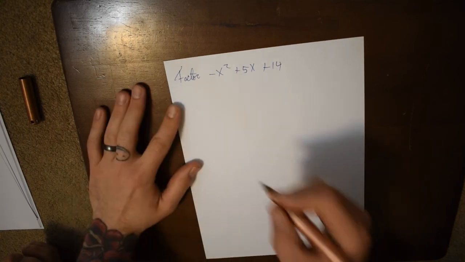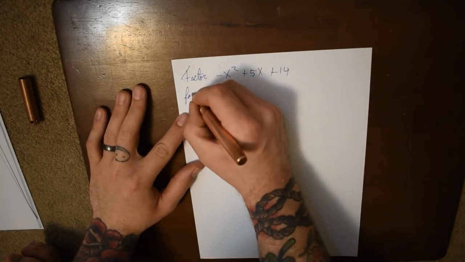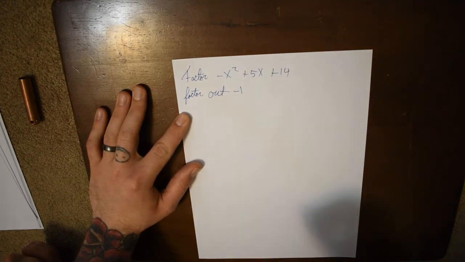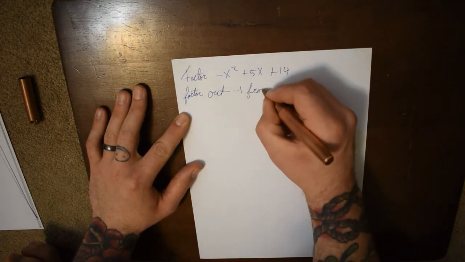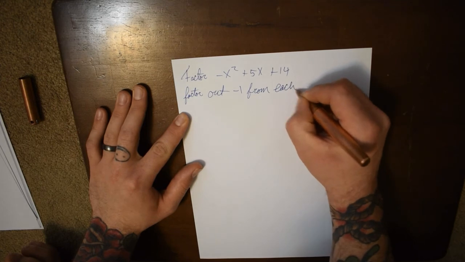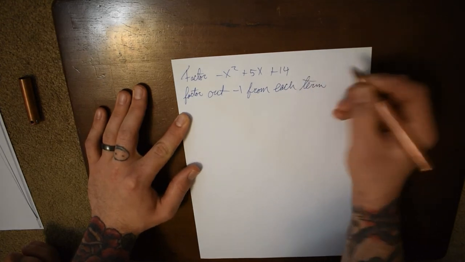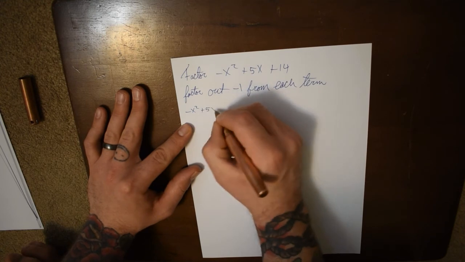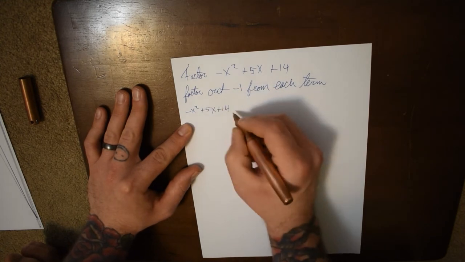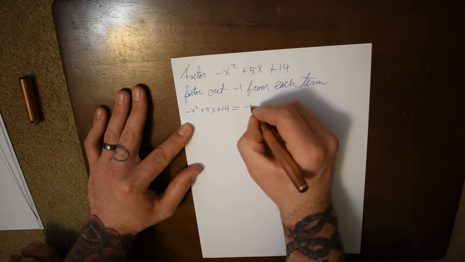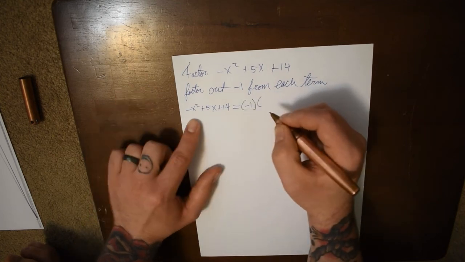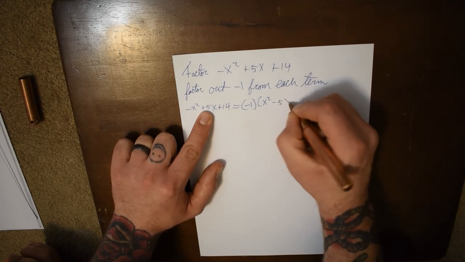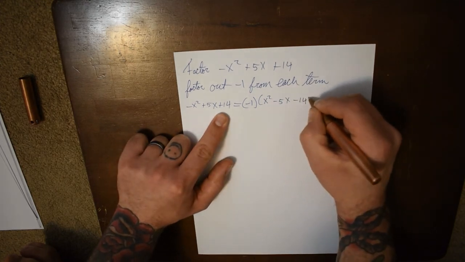The first thing we want to do is factor out a minus 1 from each term. So that means negative x squared plus 5x plus 14 is the same as negative 1 times a positive x squared, a negative 5x, and a negative 14.